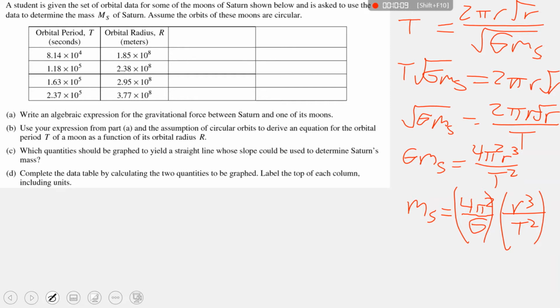So if this is in y equals mx plus b form, so that I could graph it to solve for the slope, where y is m sub s, my slope would be r cubed over t squared.